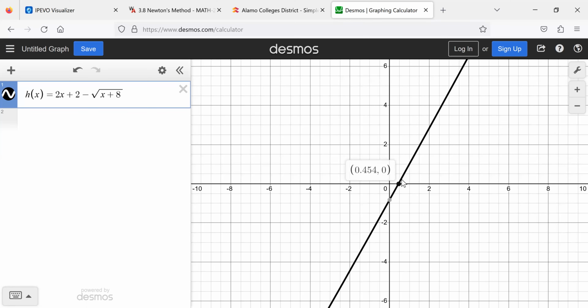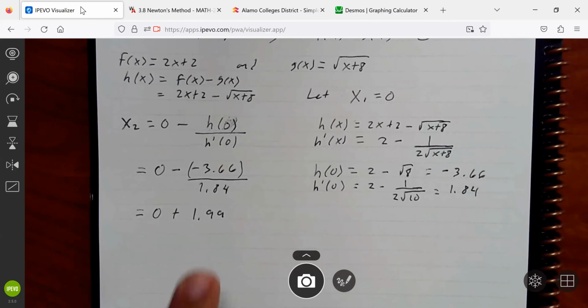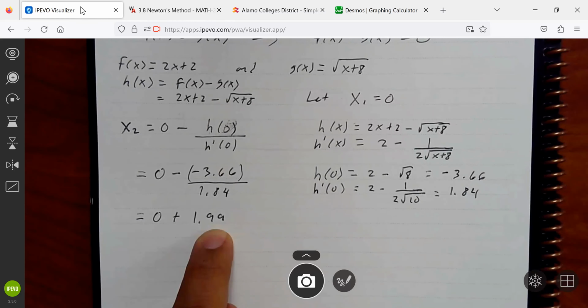So the answer is 0.454. So we gotta do another one. We're not very close. For the original, oh, I'm sorry, hold on. Is that the function? Yes. Okay. So this will be x2.